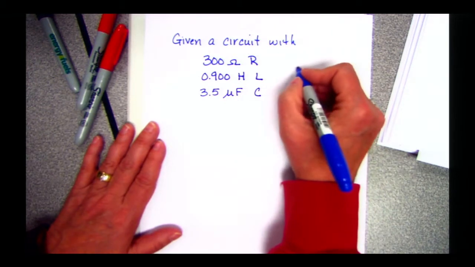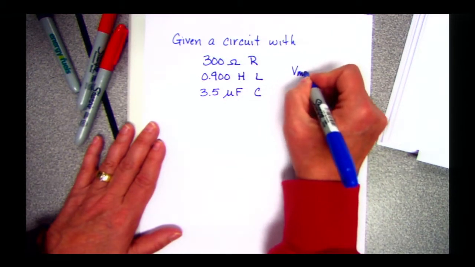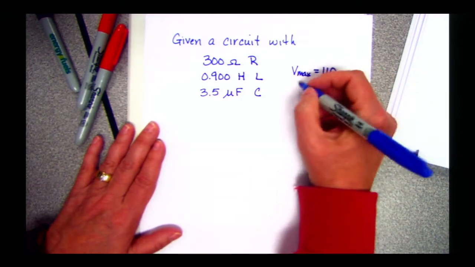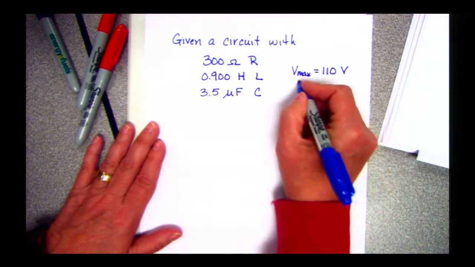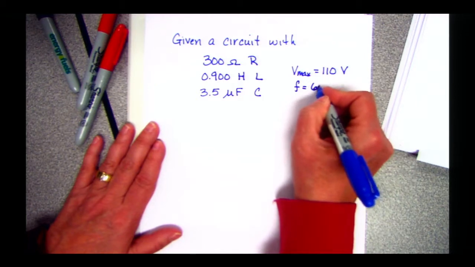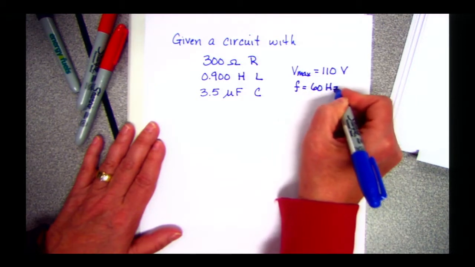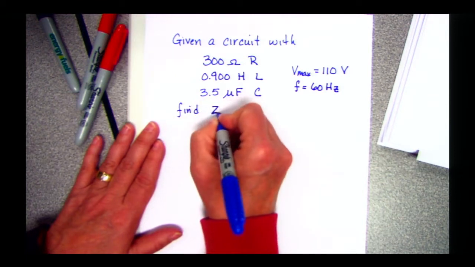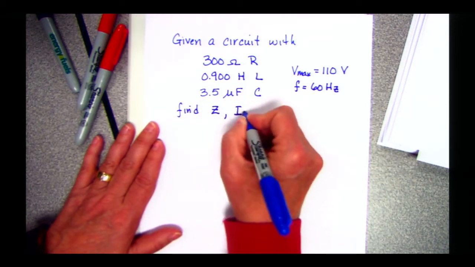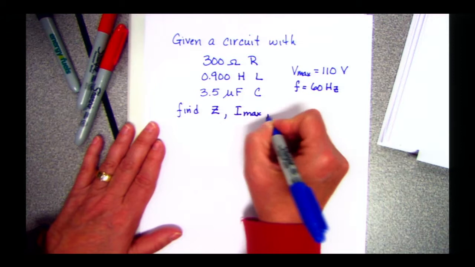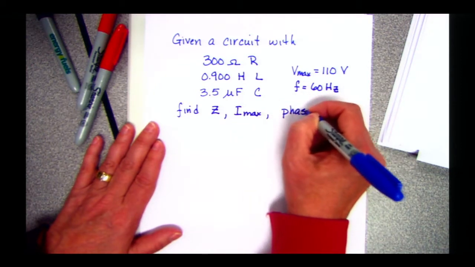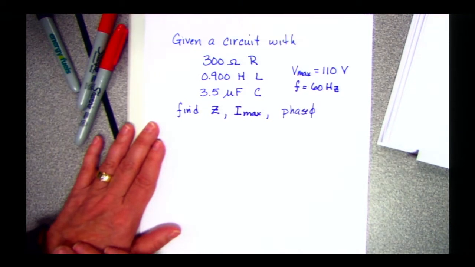We're going to use our typical 110 volt circuit, and it's going to have our typical frequency of 60 hertz. We want to find the impedance, the maximum current, and the phase angle.